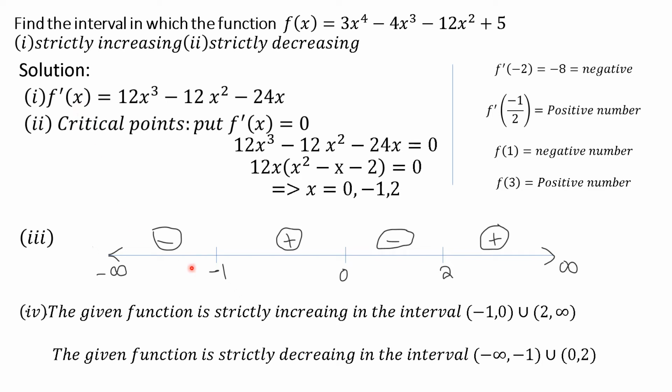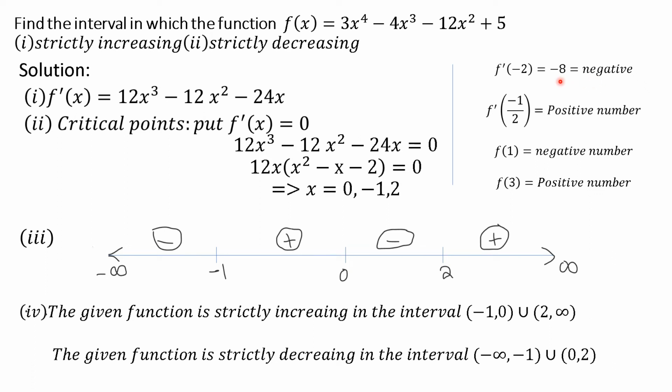In the interval minus infinity to minus 1, I took minus 2, or you can take minus 3, minus 4, minus 5 and so on, whatever number you like, but it should be in the open interval minus infinity to minus 1. Substituting x equal to minus 2 in f dash of x, you will get minus 8, which is a negative number.